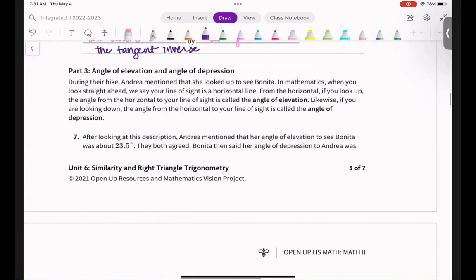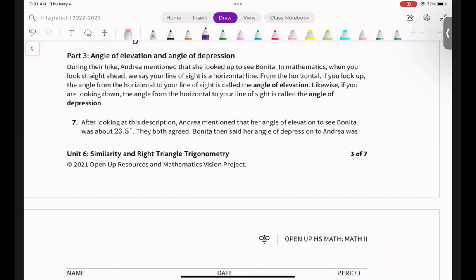Okay, so it says, part 3, angle of elevation and angle of depression. During their hike, Andrea mentioned that she looked up to see Bonita. In mathematics, when you look straight ahead, we say your line of sight is a horizontal line. If you look up, the angle from the horizontal of your line of sight is called the angle of elevation. Likewise, if you are looking down, the angle of horizontal to your line of sight is called the angle of depression.